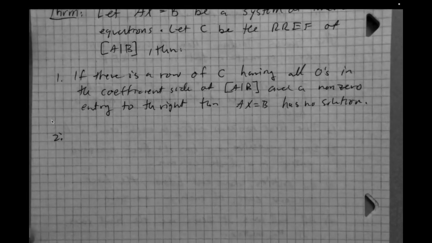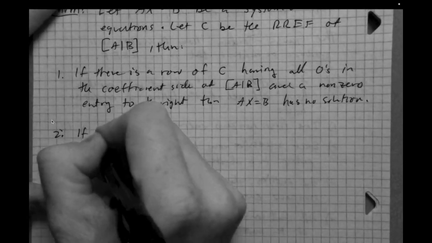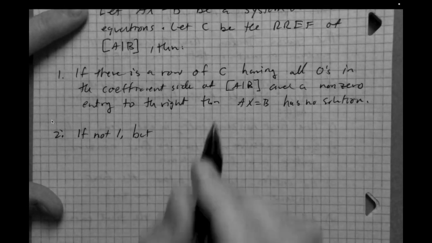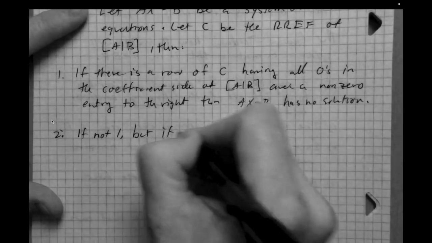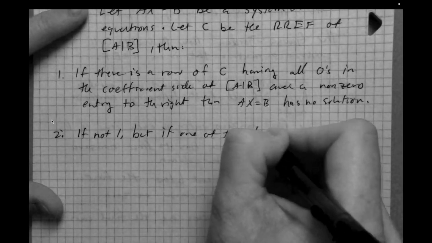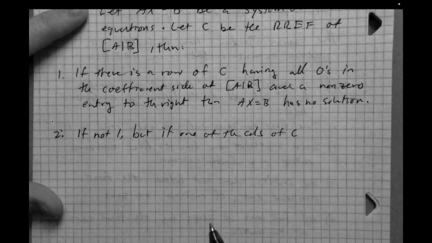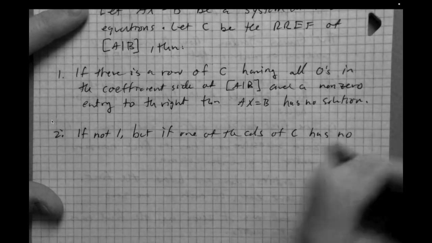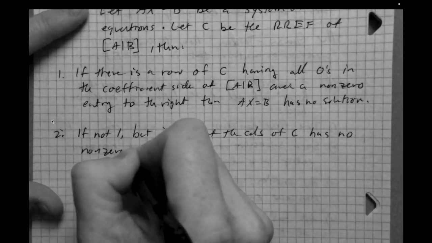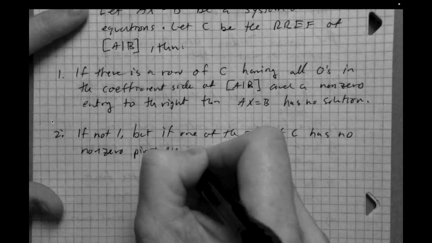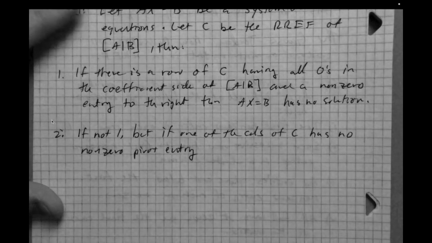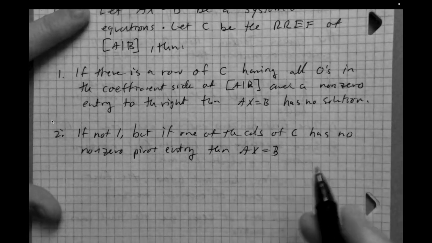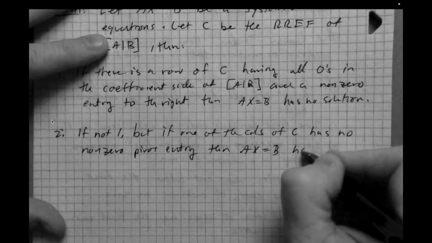Item 2 says, if not 1, but if one of the columns of C has no non-zero pivot entry, then AX equals B has infinitely many solutions.